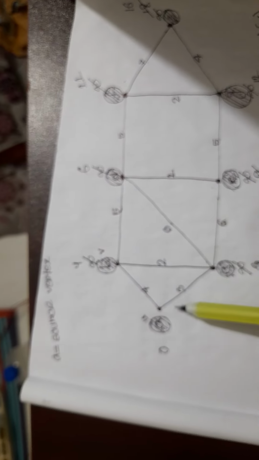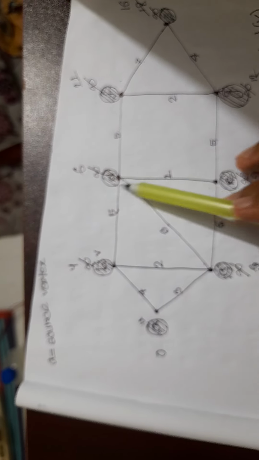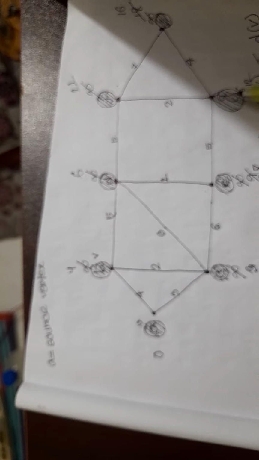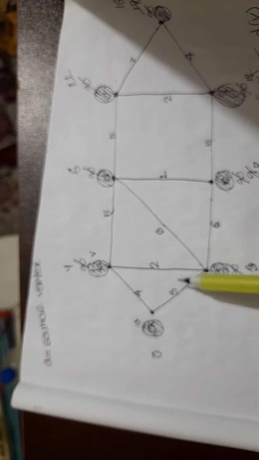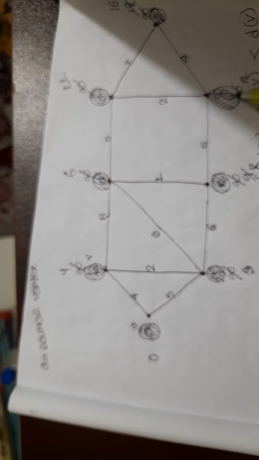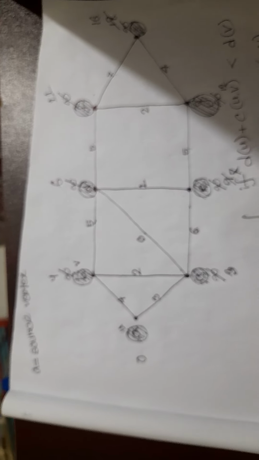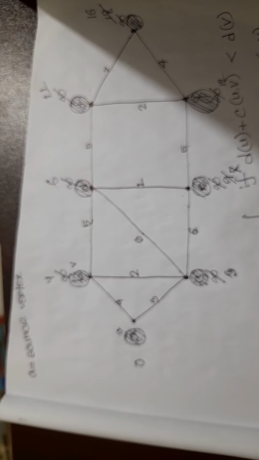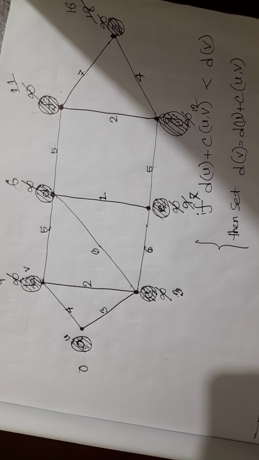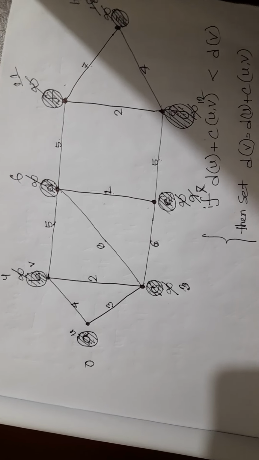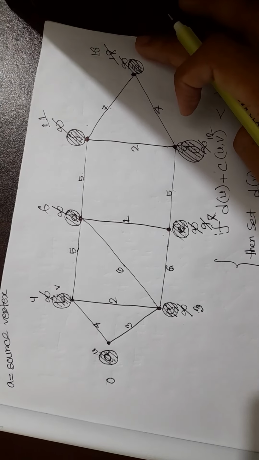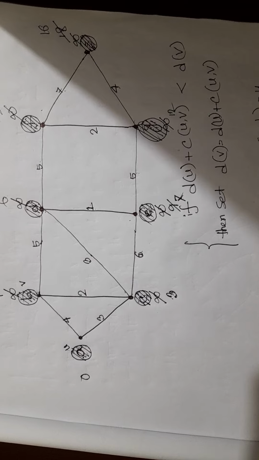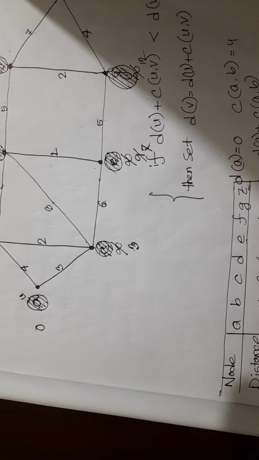That means A C D E G: 3, 3, 1, 5, that is 7, 5, so the previous node is E. The previous node of Z equals G, because 12 plus 4 equals 16. G.